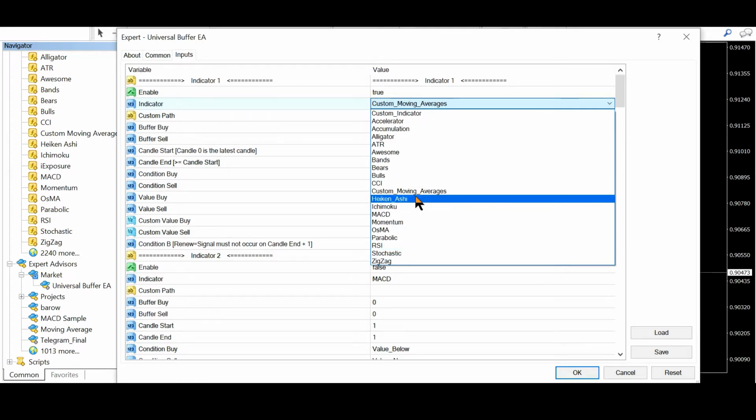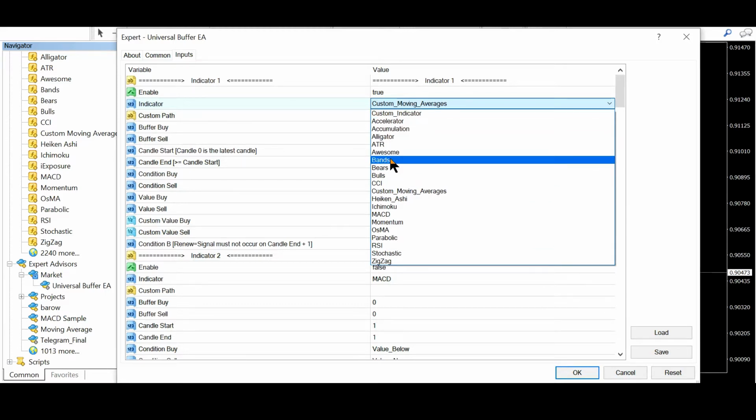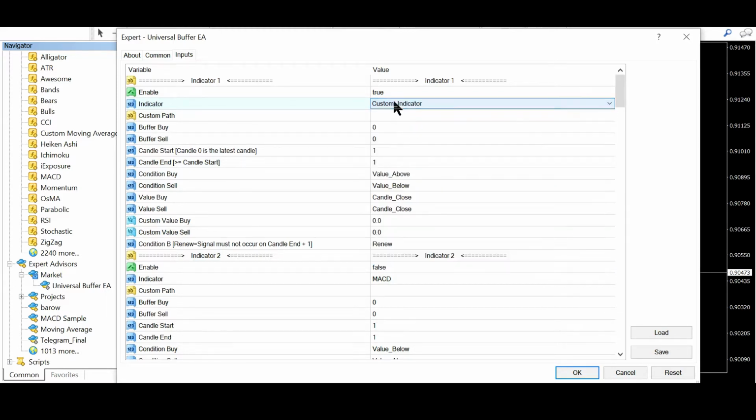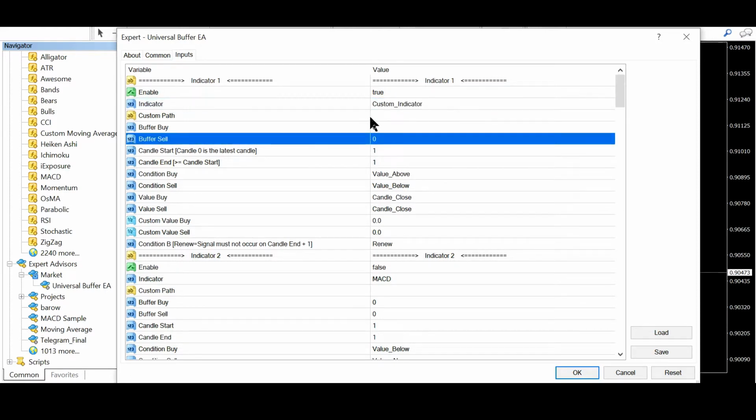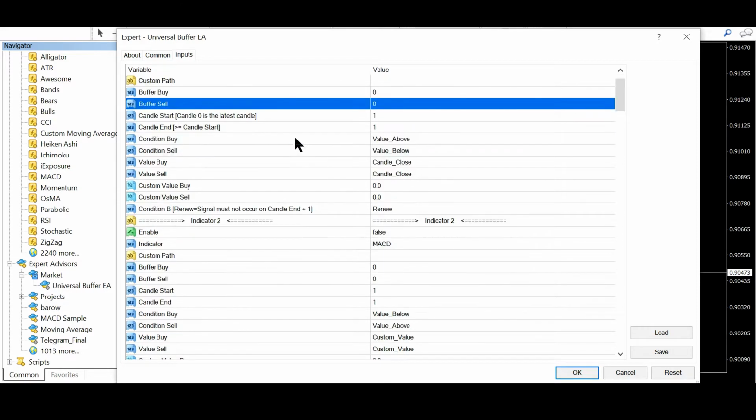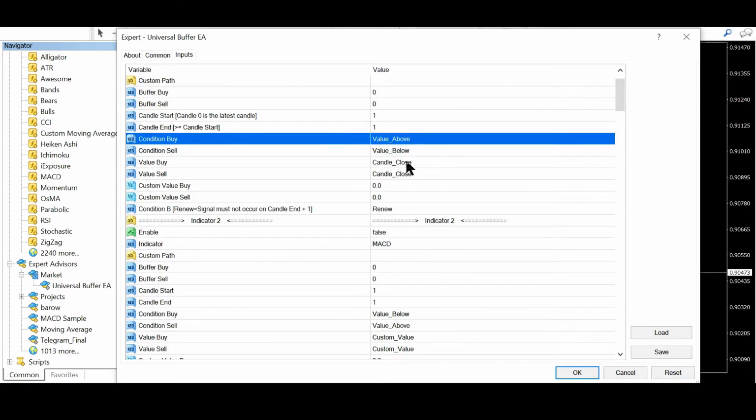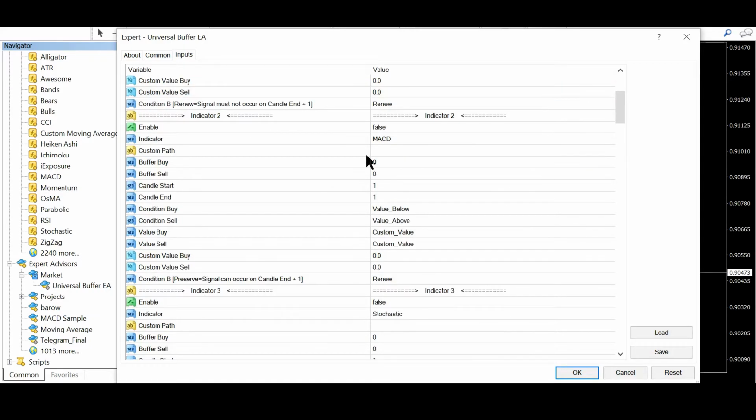For example, custom moving average, stochastic or Bollinger Bands. But it can also take custom indicators from the market, for example. And you just have to specify the buffer here and the conditions, and then it will trade the indicator.